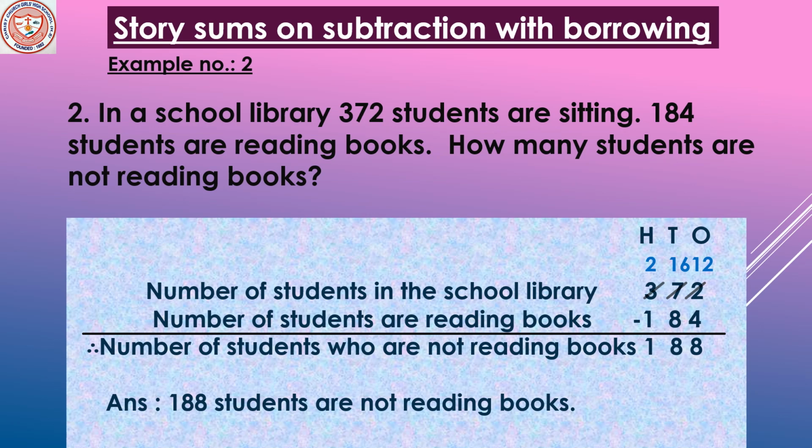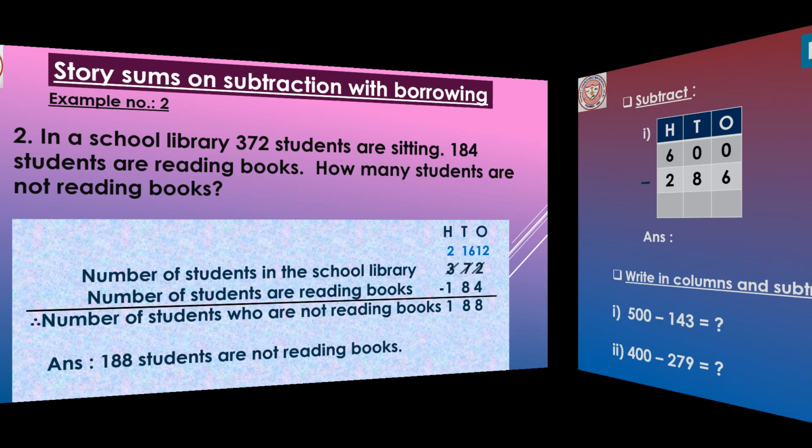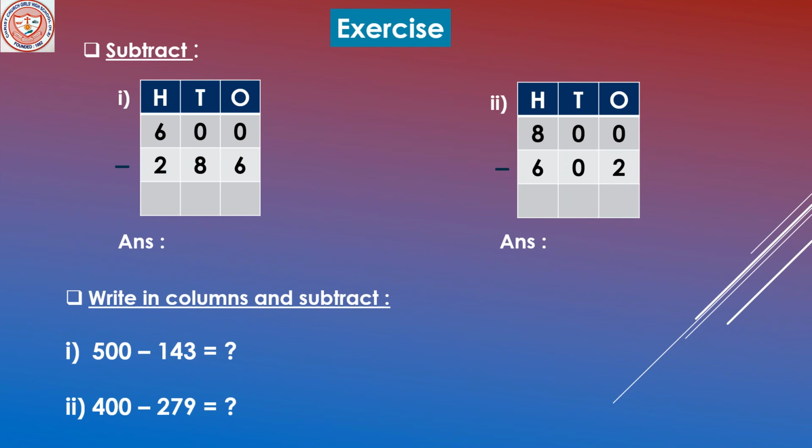So we have solved 2 examples. And now here are some exercises for you. You have to do them on your own. Look, these exercises are from subtraction. You have to subtract. Write in columns and subtract.